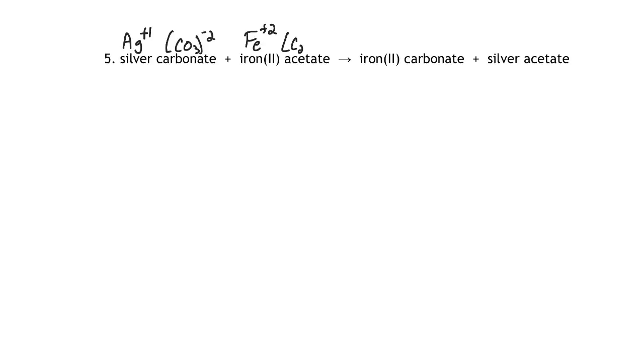Acetate is C2H3O2, and then I'm going to go right across and do the iron, Fe with a +2 charge, and then the carbonate, -2, and silver with a +1 charge, and acetate.